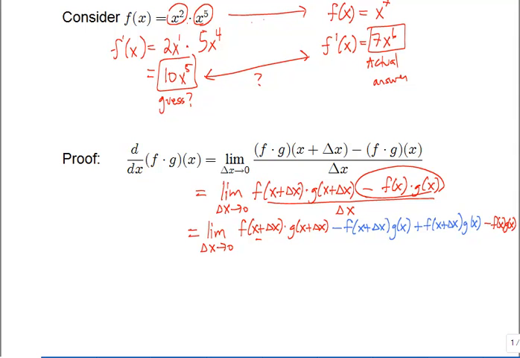So the stuff that's in blue adds to 0. It's like taking an equation and adding and subtracting 2 from both sides. You're really not changing the equation because you've just added 0.